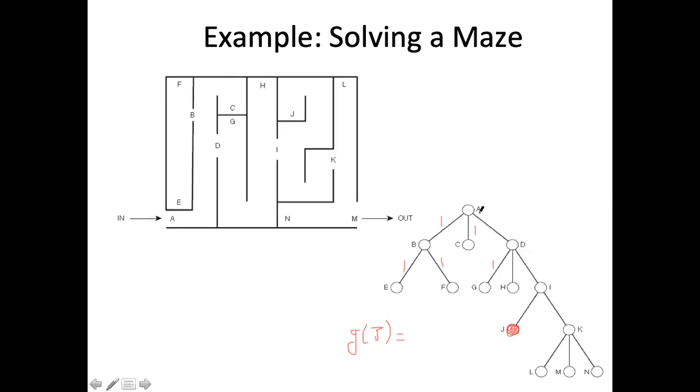So the cost from the start node to J, this is the path that you actually traverse in order to reach J. Therefore, this cost would be equal to 3. Okay, so this is the path cost. So from A to D the cost is 1, from D to I the cost is 1, and from I to J the cost is 1.